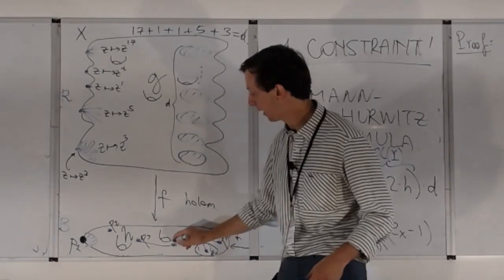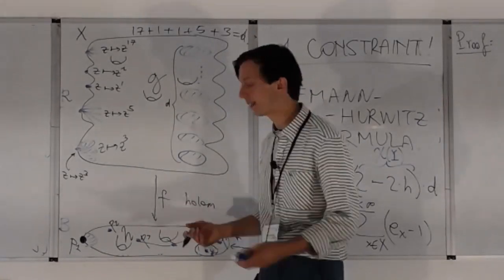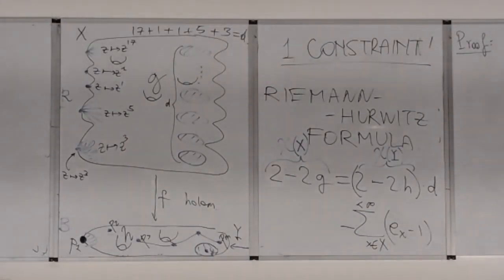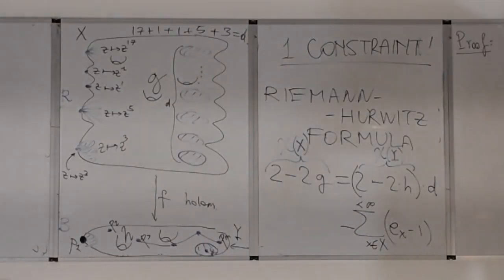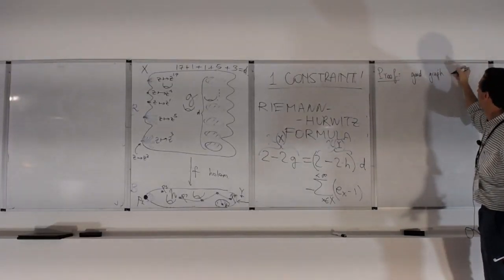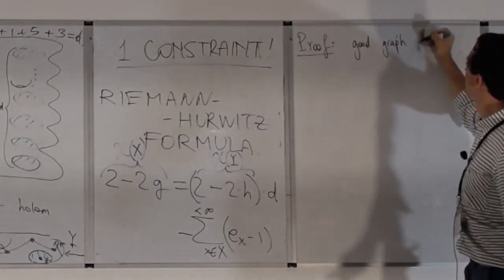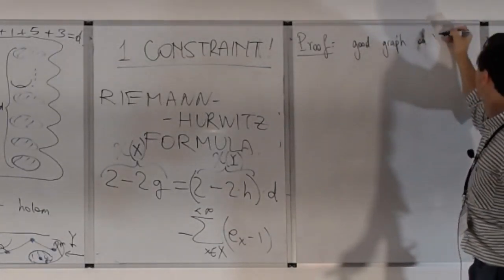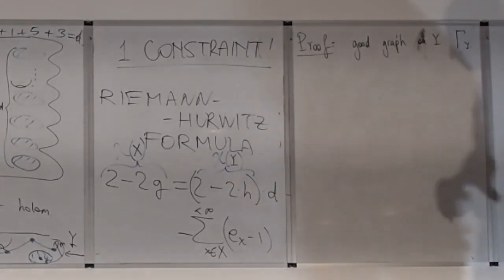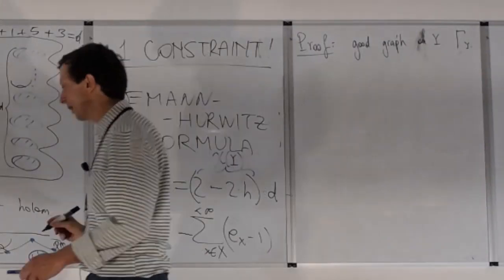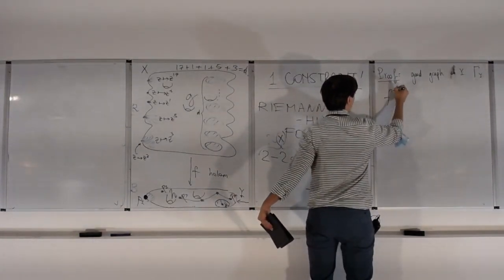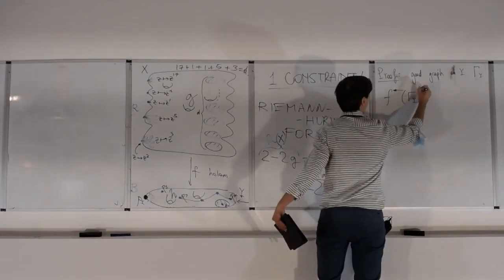Every time you have a genus, you have to break this, so that the faces are disks. So you take a good graph on Y. Let me call it gamma Y. Okay, and now what happens? You take the preimage of gamma Y under f, and you call this gamma X.